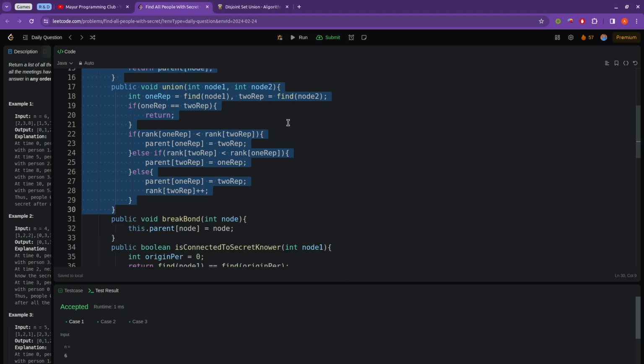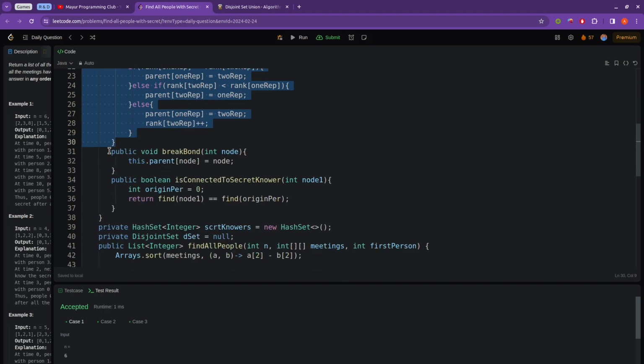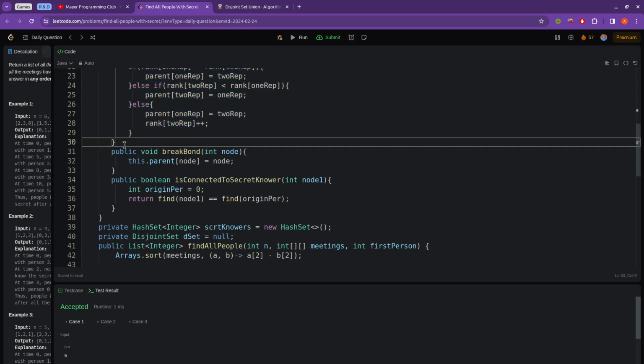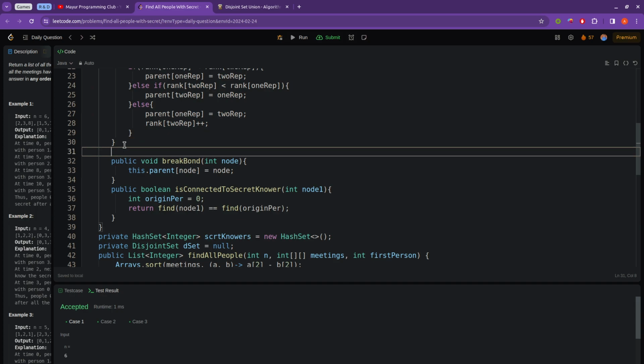There are two extra functions there. You will not find these functions in the implementation of the article that will be given, whose link will be given to you. So these are add-ons to the standard DSU implementation.